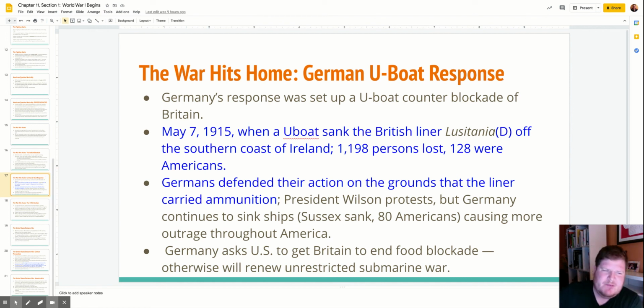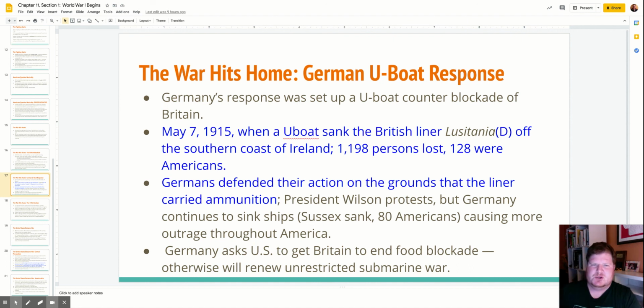So even though there were some Americans who were like, yeah, we don't 100% support the Germans, but we're not against the Germans, it's going to change because the Germans respond with U-boats, with these underwater ships. In some ways they were submarines, but they weren't quite as sophisticated as today's submarines, which could go a lot deeper.